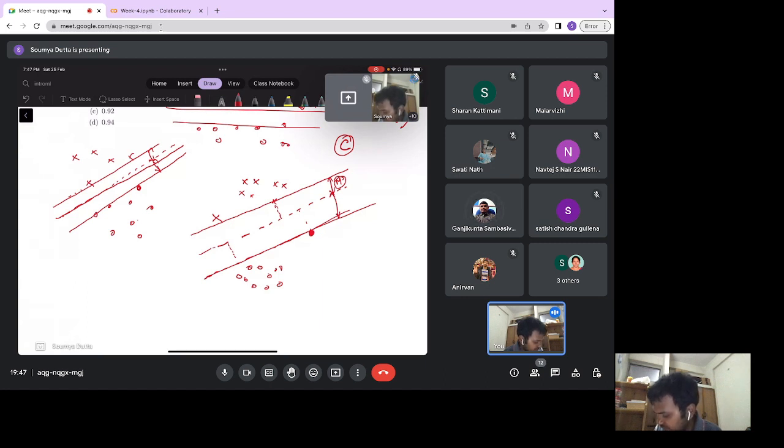There can be no cross towards this side, this is not allowed. Similarly, there can be no circles on the other side. This is also not allowed.